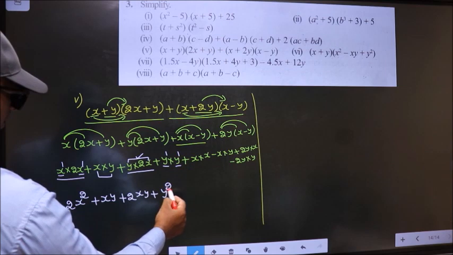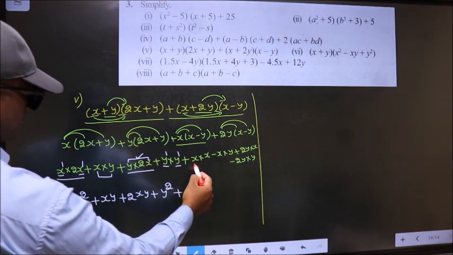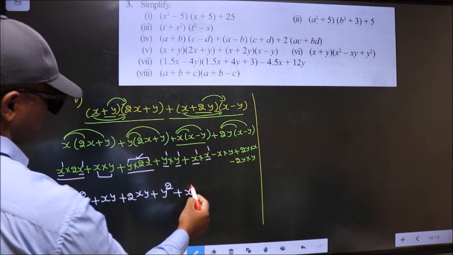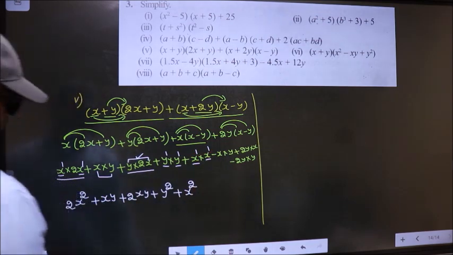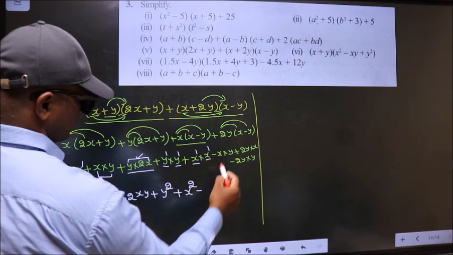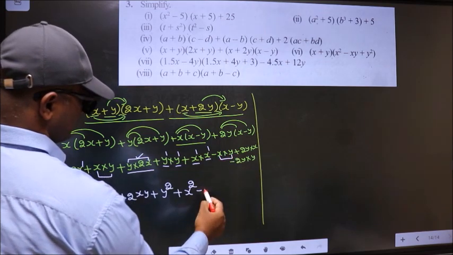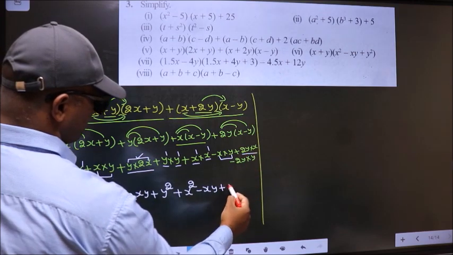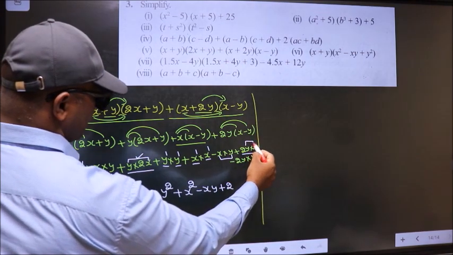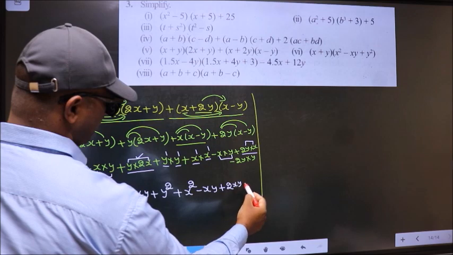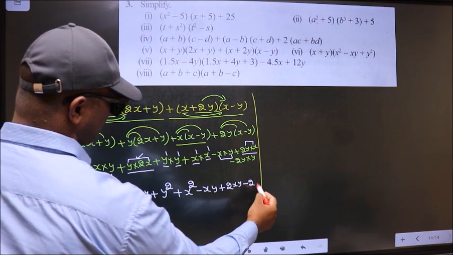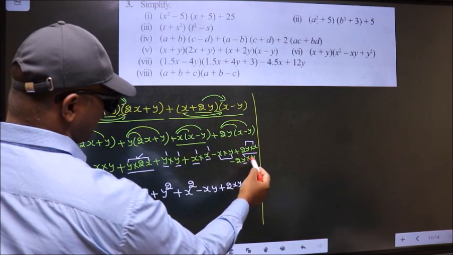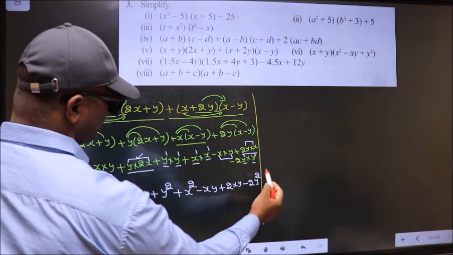So 1 plus 1, 2 plus x, power is sum of the powers, 1 plus 1, 2 minus, letters are different, so you write as it is, plus here number first, letters are different, so xy, minus number y you get y, power, add the powers, 1 plus 1, 2.